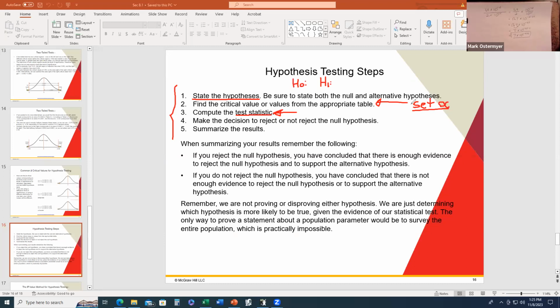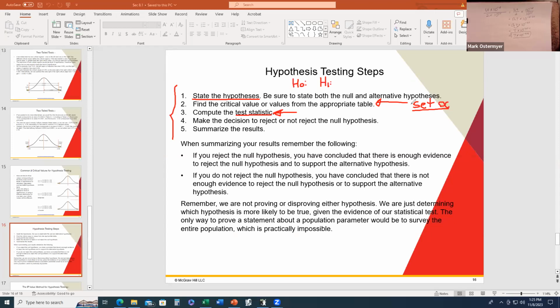Step number 4 is then we're going to use our test statistic and compare it with our critical Z or T values to see in what region our test statistic falls. If it falls in the rejection region, we will reject the null hypothesis. If it falls in the acceptance or do not reject region, we will not reject the null hypothesis.